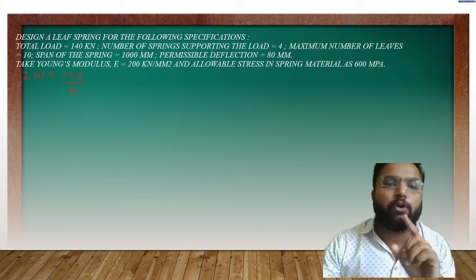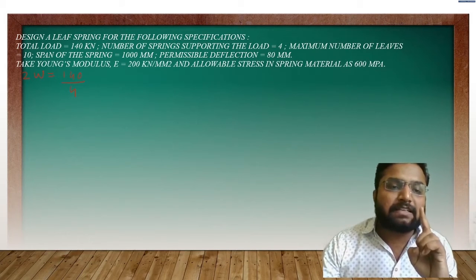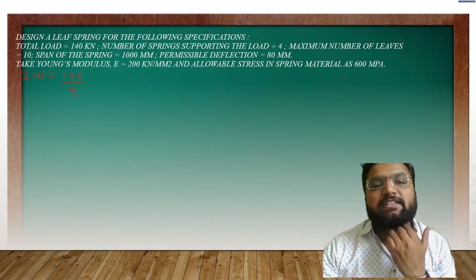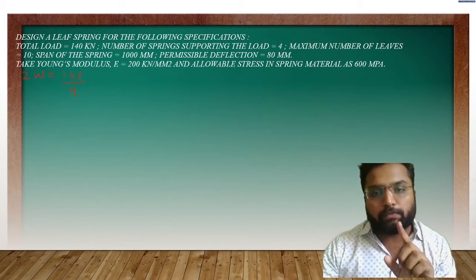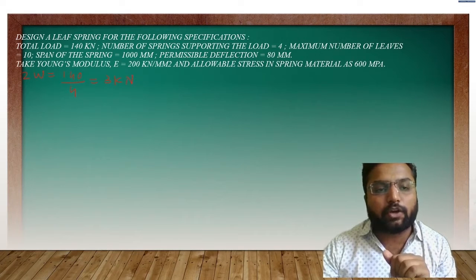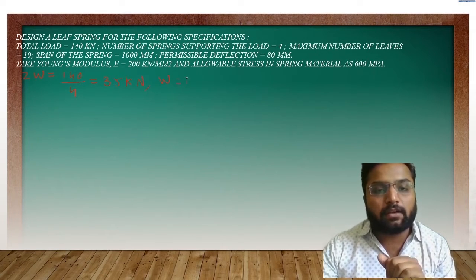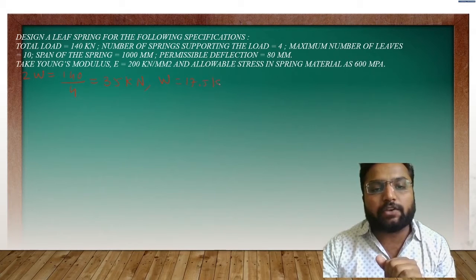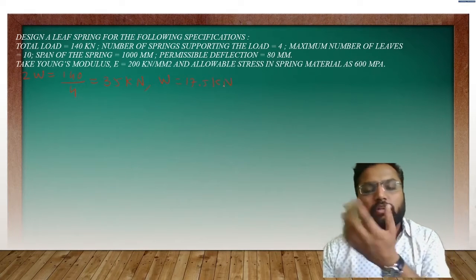Why have I taken 2W? Because in the simply supported beam we have considered the load W as 2W. Clear? I hope you got this point. So 2W will be 35 kilonewton, so W will be 17.5 kilonewton.